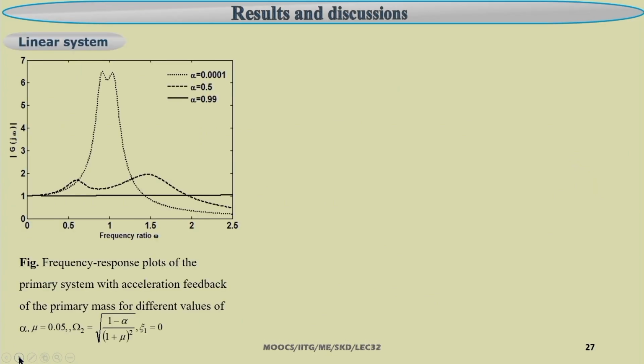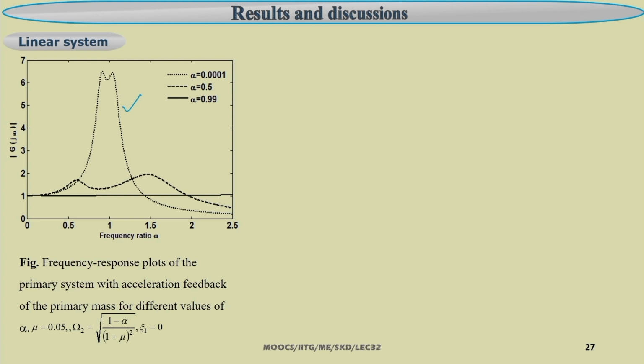Now you can see, in the case of the linear system, we have already observed that if we consider alpha equal to 0.0001, this is the frequency response we are getting.